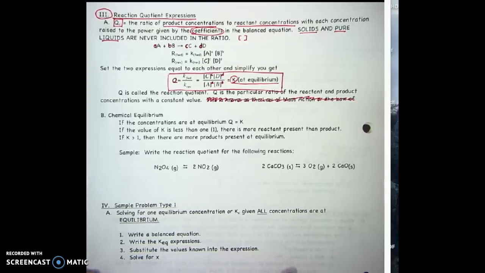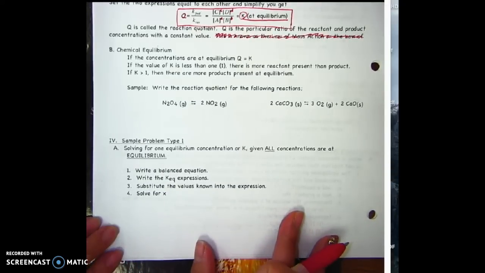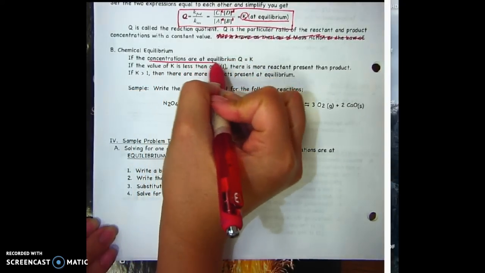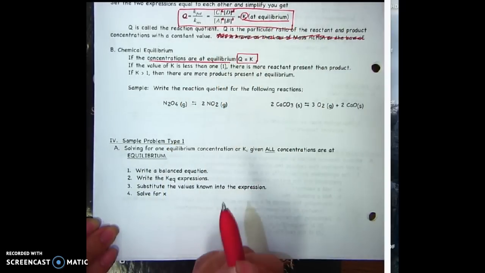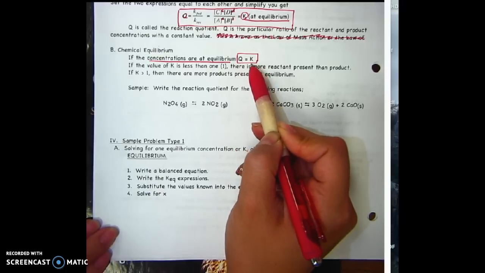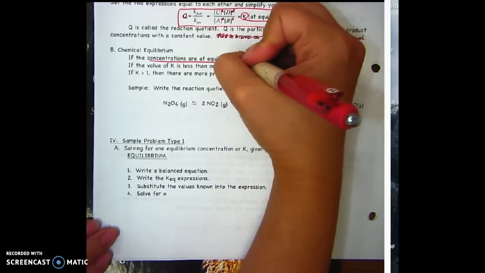So let's take a look at how this connects to chemical equilibrium. If you have reached chemical equilibrium, Q and K have to be equal to each other. If you think back to the example that I showed you yesterday with the 2 large buckets of water in front of the room, Q is at any point in time.